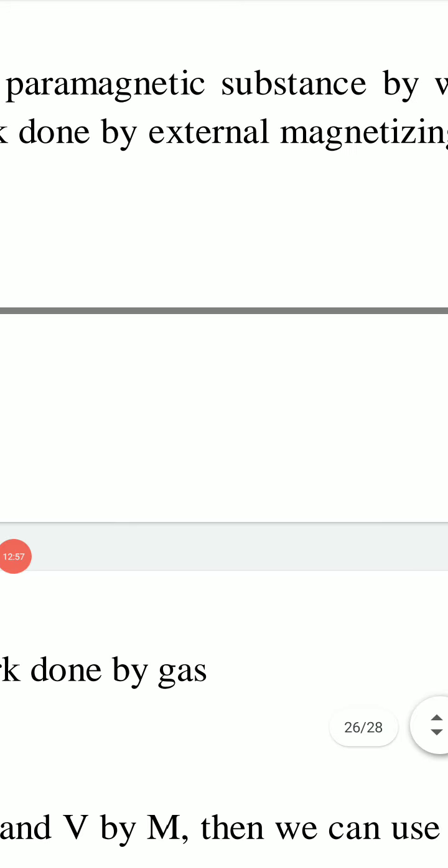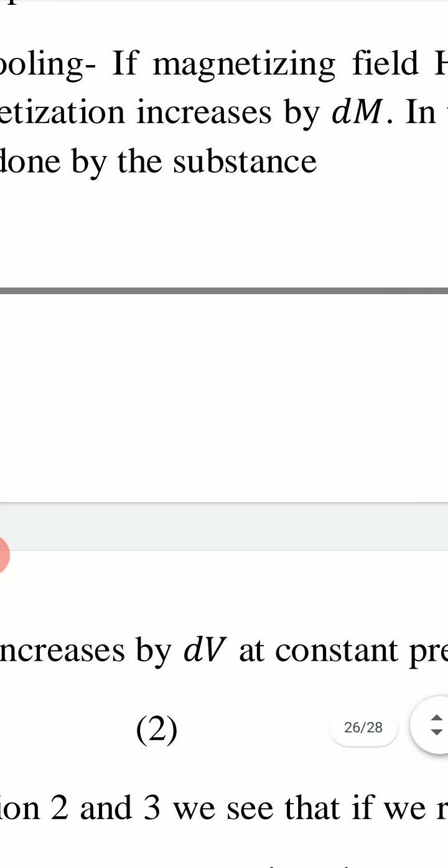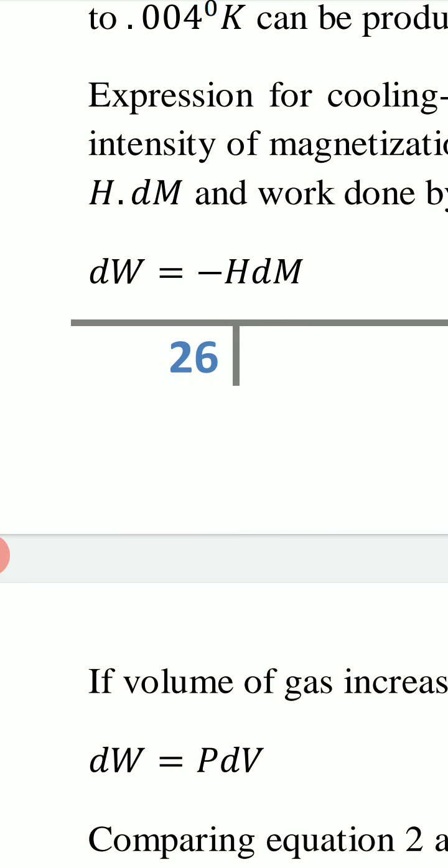work done by external magnetizing field will be equal to H dm. H is external magnetizing field and dm is increase in intensity of magnetization. So work done by this magnetizing field H is equal to H dm.